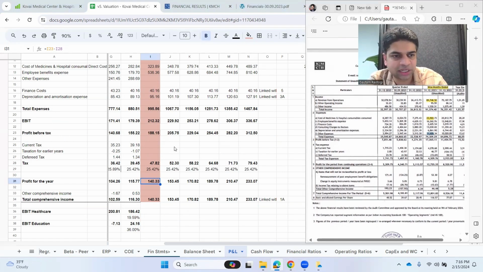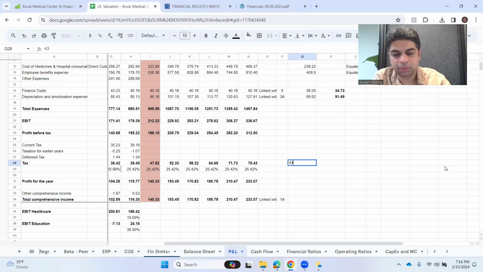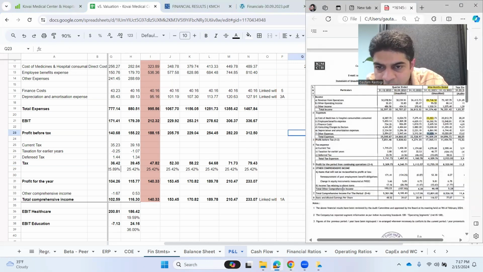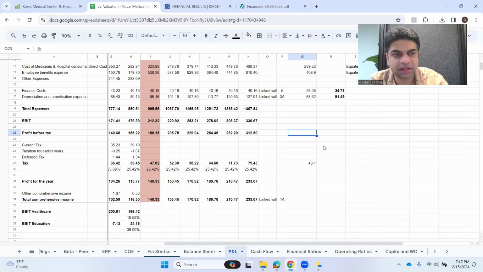So let's check tax as well. 43.1. Let me just compute the percentage. What is the profit before tax? It's 170.65.